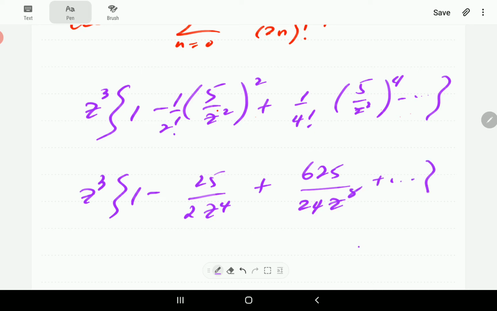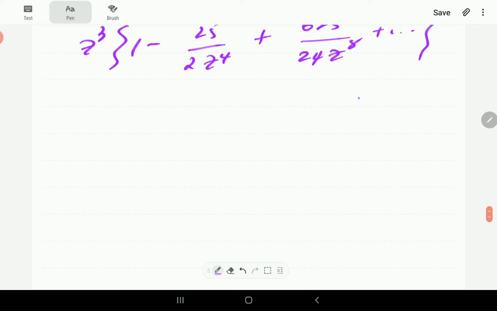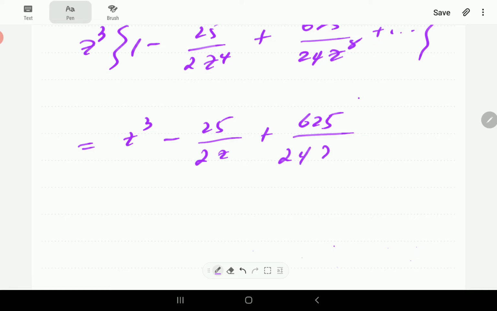And then this goes on and on. Multiplying through by z cubed, the first term is going to be z cubed. Then the second term is going to be minus 25 over 2z. Then plus 625 over 24, times z to the power 5 now.